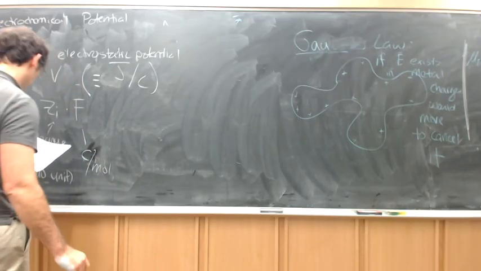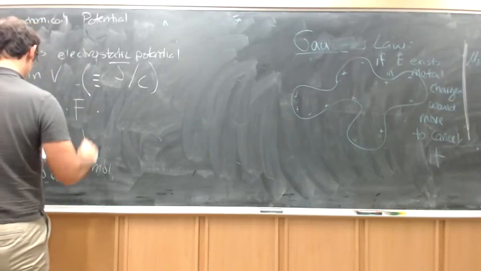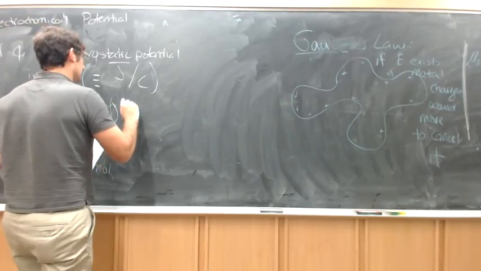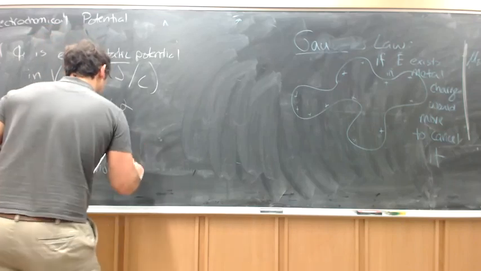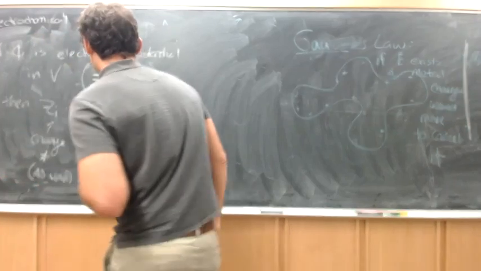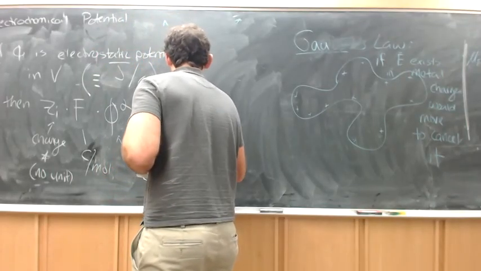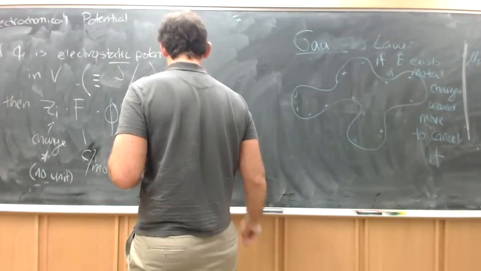So it's the charge per mole. This is Faraday's constant, right? Times electrostatic potential in joules per coulomb. And if you cancel this all out, you get joules per mole. Right? So that's an energy.